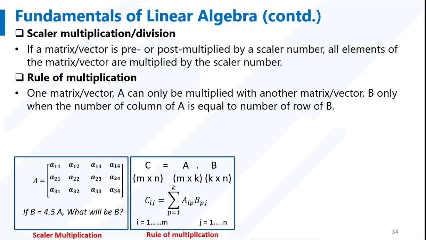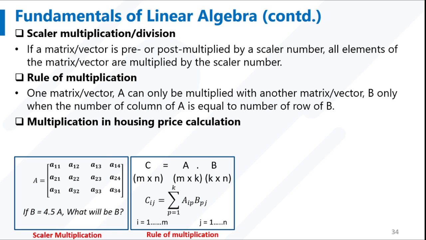A row is taken from A and a column is taken from B and all the elements are multiplied. Since the number of elements is the same in the two cases, you can sum them together and obtain a result. We'll see an example later on. So i varies from 1 to m and j varies from 1 to n.